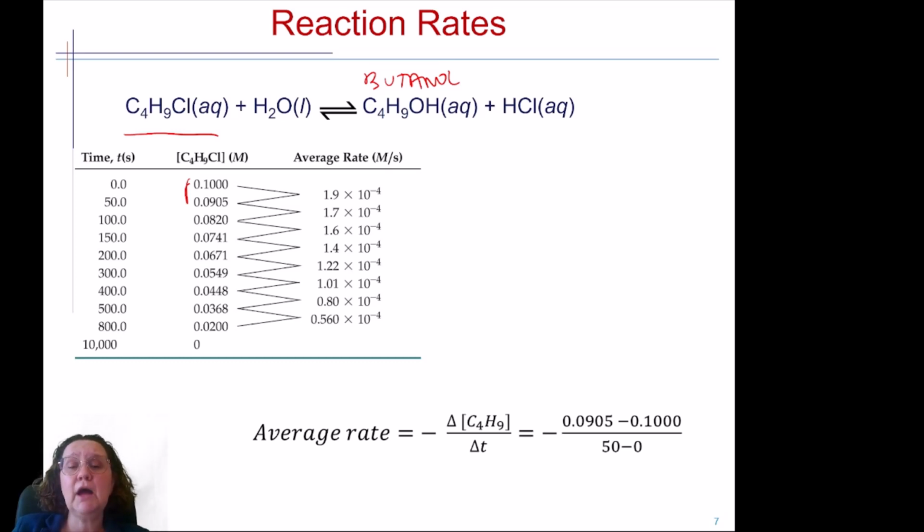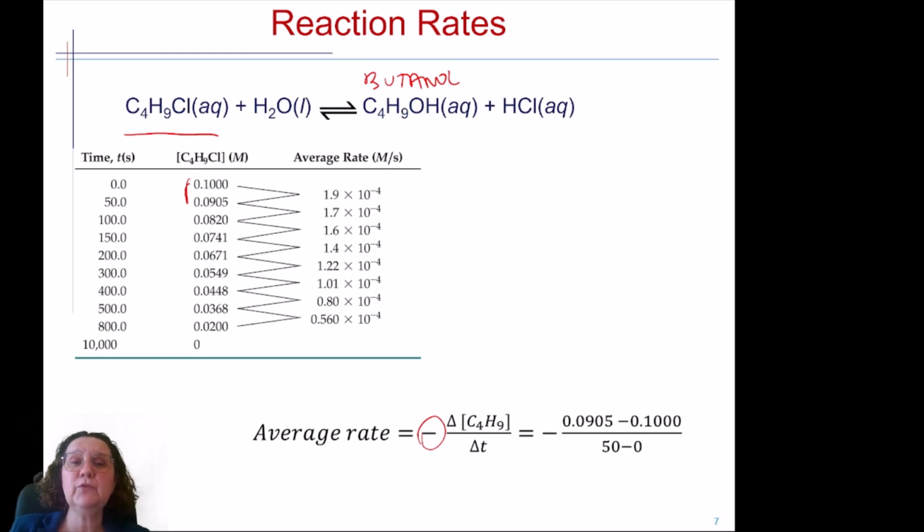So we talk about the average rate, the average rate over the first 50 seconds, or the average rate between 50 and 100 seconds. And that's a more honest way of describing that rate. It's an average of what's happened during those 50 seconds, during those 100 seconds of reaction. And it's defined, in this case, with a minus sign, because it is a reagent, so it's going to be consumed. And as you can see, it's the same formula I mentioned before.